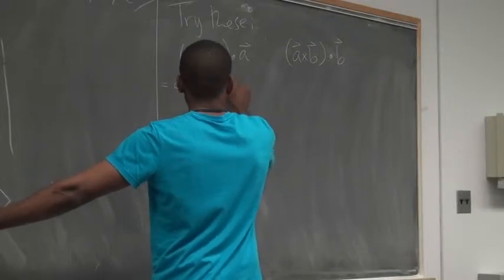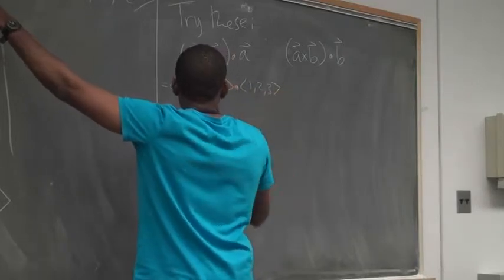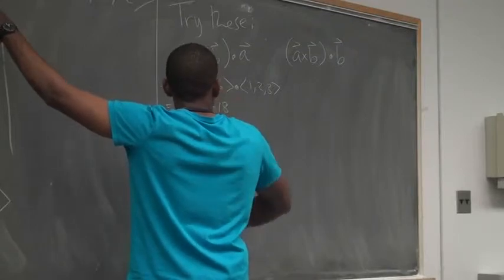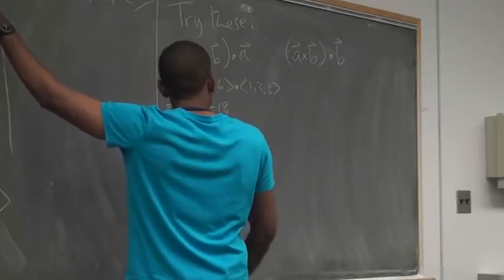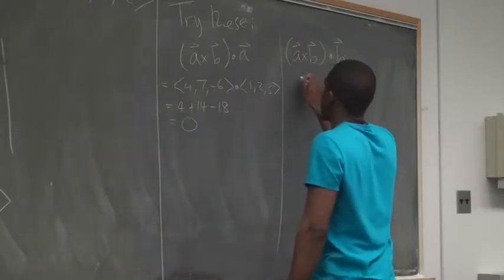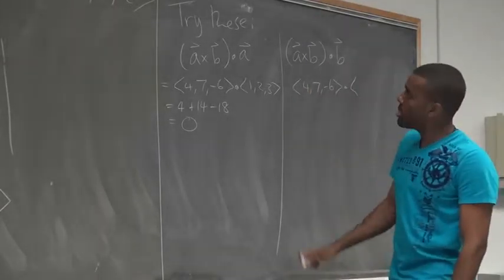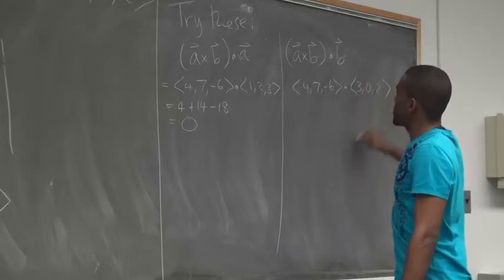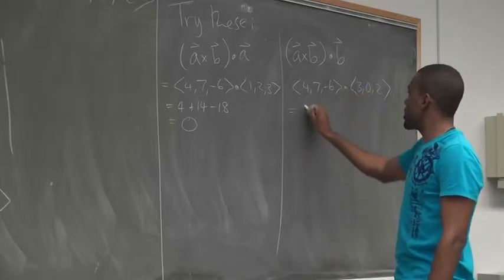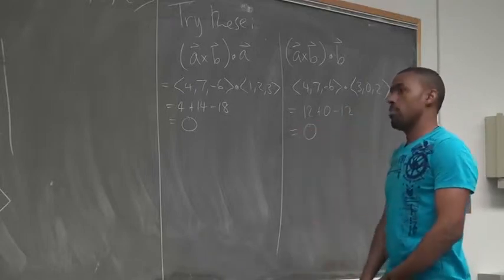4, 7, minus 6, dot product with a, 1, 2, 3. So this gives you 4 plus 14, minus 18. That's 0. Now the same with b: 4, 7, minus 6, dot product with b. 4 times 3, 12, plus 0, minus 12, 0.